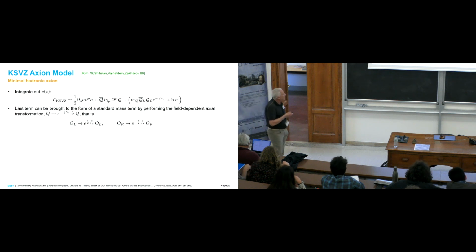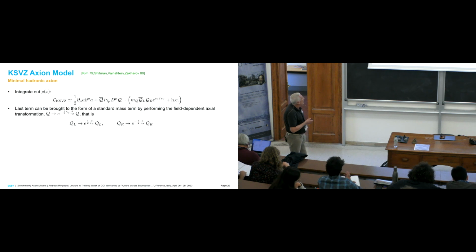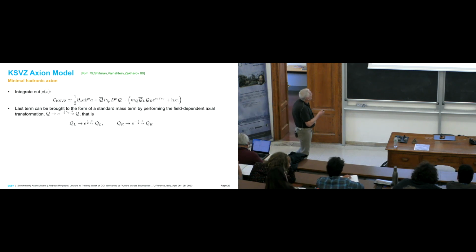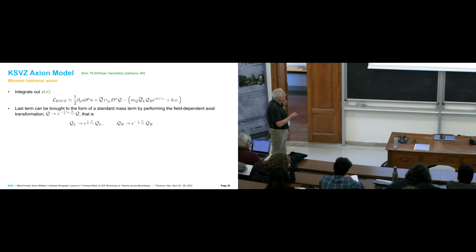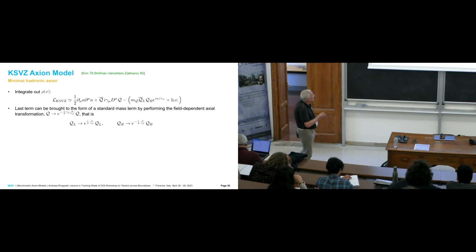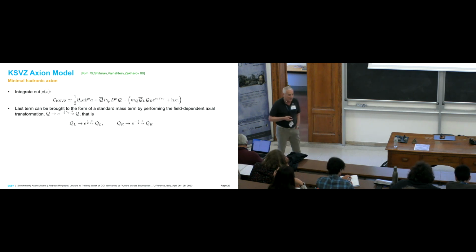And this can be done if one performs the field-dependent axial transformation, which looks like this: e^{-i (1/2) γ5 a/v_σ}. So we transform the left-handed field, for example, by this factor, and the right-handed field by the inverse factor, and then this phase is cancelled.